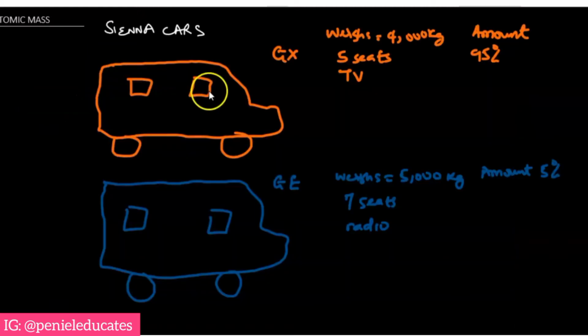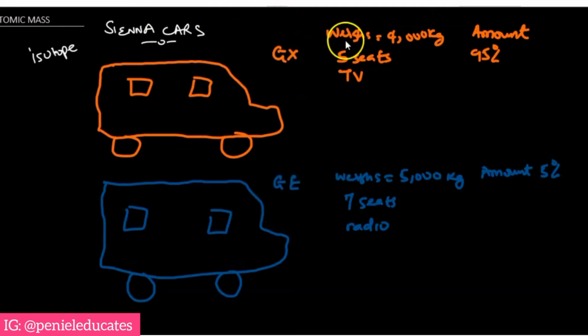Now, let us look at the following example to explain the atomic mass more. Let's say we have two Sienna cars. I want to consider isotope. Isotope is like having two models of a car. For example, let's say this is a Sienna car, and we have this model as model GX, and this one as model GE.